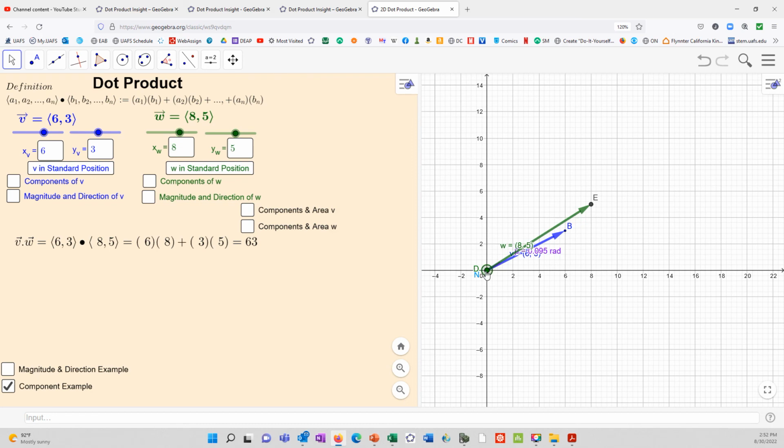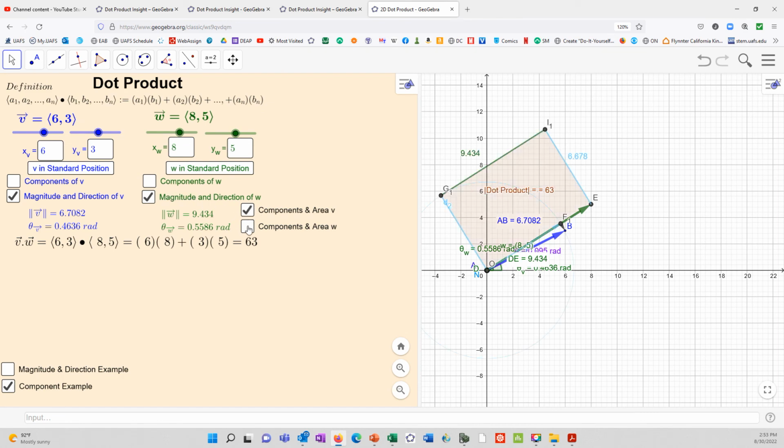And these can be moved around, but really you would rather have the tails together, and this puts them in standard position, so it's always at the origin. Here you can look at the components. We can also have it compute the magnitude and directions there. And then we can look at the components in the direction there and look at the two different rectangles again. So we can do a lot of the investigations in either way.